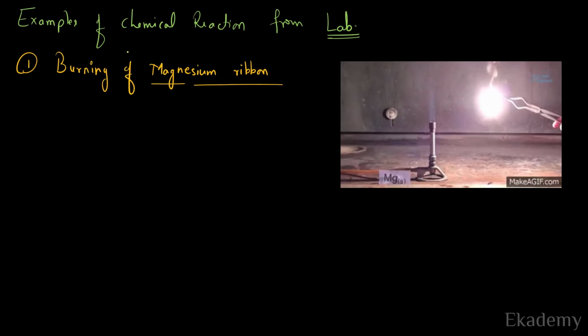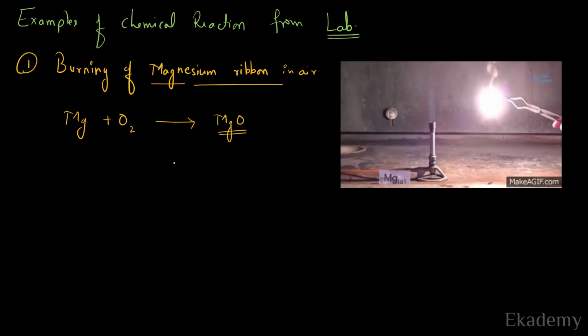So what is happening over here is when magnesium metal burns in air, it is combining with oxygen present in air and it forms magnesium oxide.